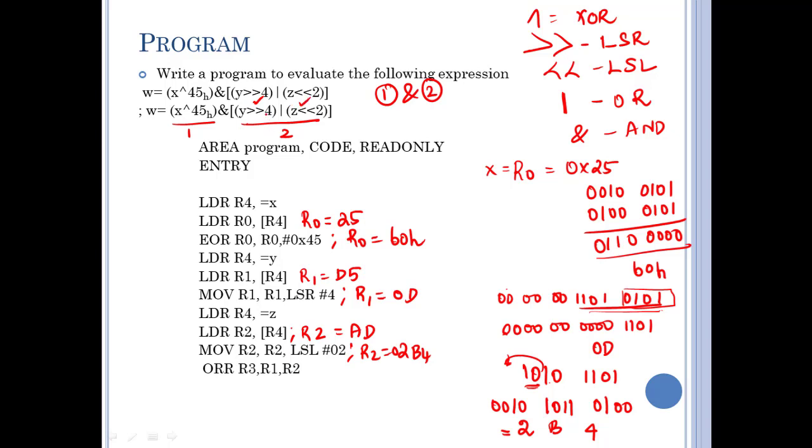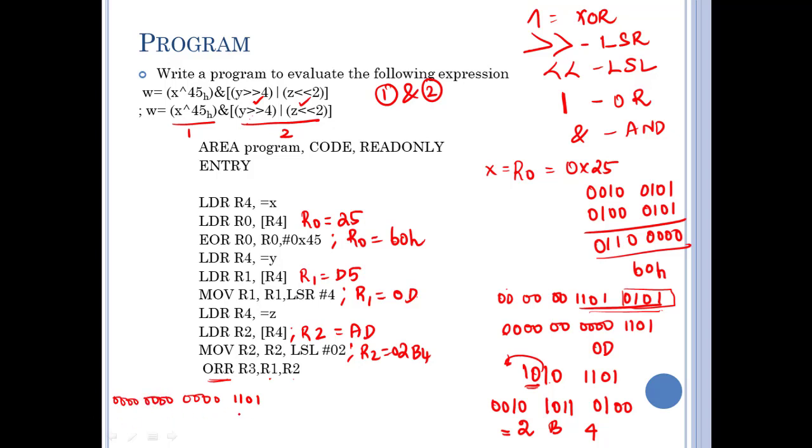This is also done. After doing these two, what you need to do? The shifted operands have to be ORed. That is why you have an OR here. So R1 content with R2 content. R1 is 0D, R2 is 02B4. So R1 is 0D, 1101, and 0000 0000.